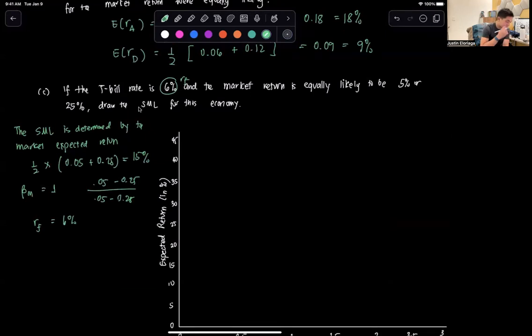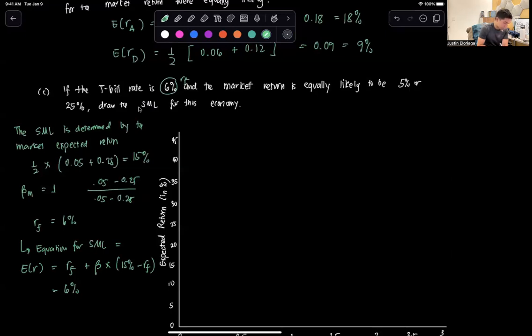The equation that we're going to start with is the equation for the SML: the expected return equals the risk-free rate plus beta times the expected market return, in this case 15%, minus the risk-free rate, knowing that the risk-free rate is 6% and that the beta is 1.